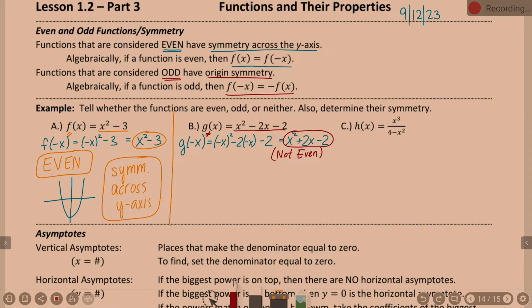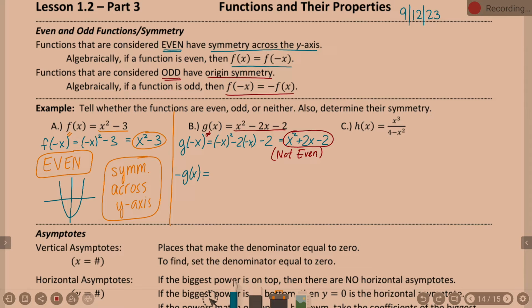Okay, so if it's not even, now we're going to proceed to check: is it odd? If it's odd, f of negative x equals negative f of x. Well, what did we just find? We just found g of negative x, so we're halfway there. We now also need to find negative g of x. Negative g of x says that we're going to take the entire function and multiply by a negative.